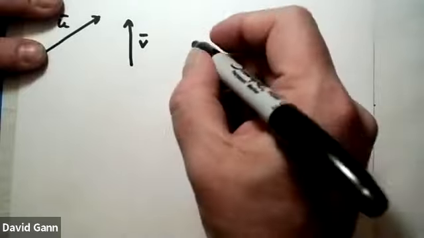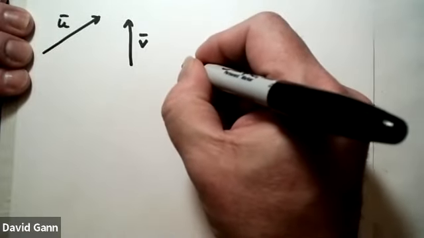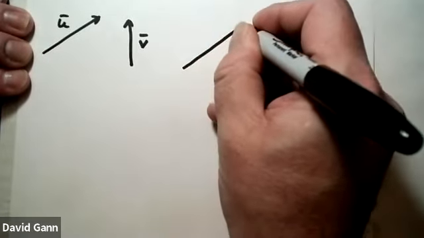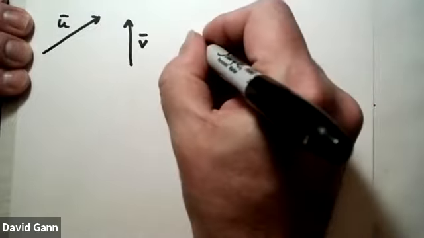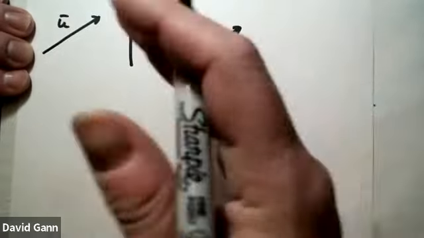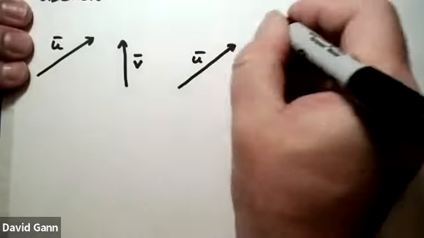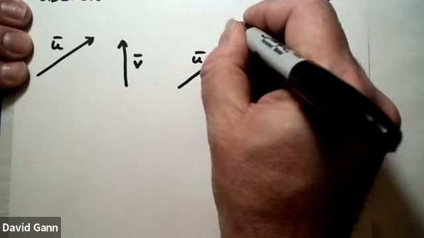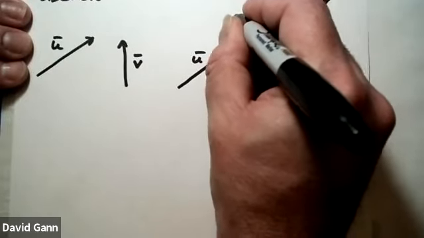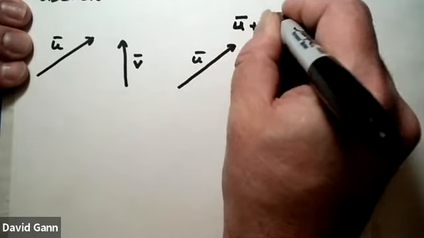What does it mean to have these added? Well, if we go u plus v, we start with u, which is the first one on the left of that equation.